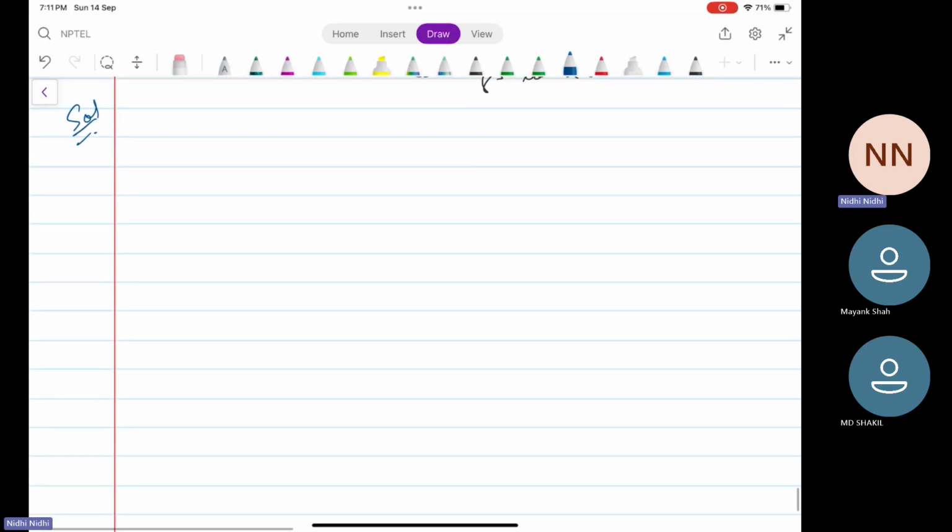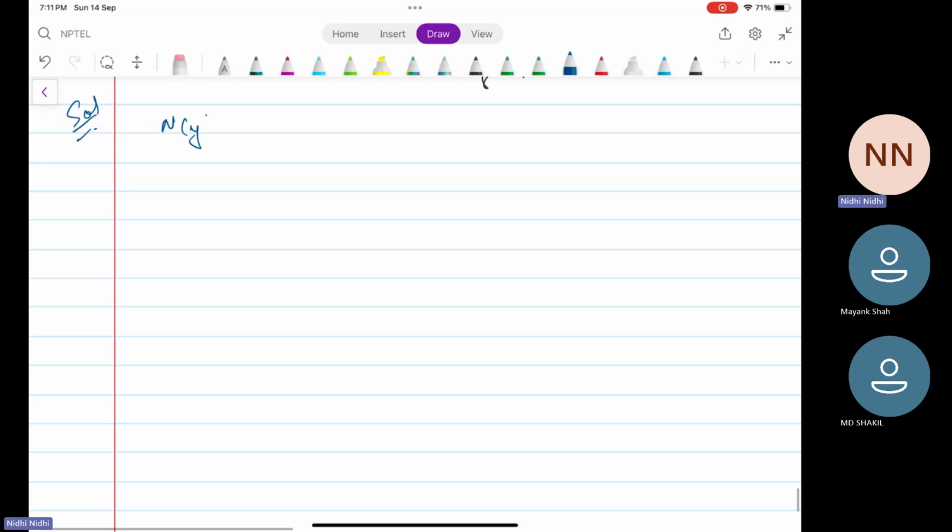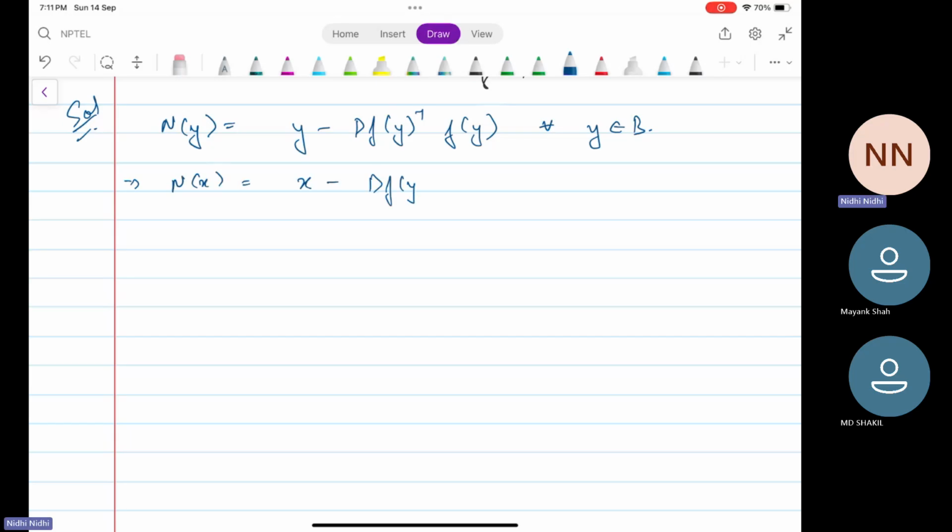So we have N(y) equal to y minus Df(y) inverse f(y), for every y in B. This implies N(x) is equal to x minus Df(x) inverse times f(x). We know that Df(x) is invertible, so this inverse is well defined.